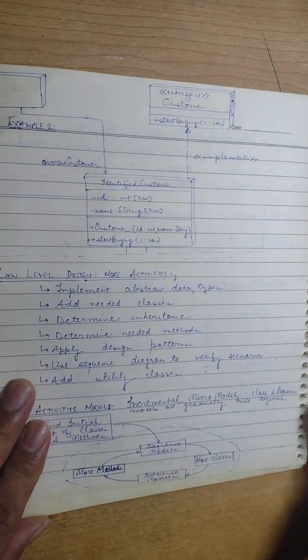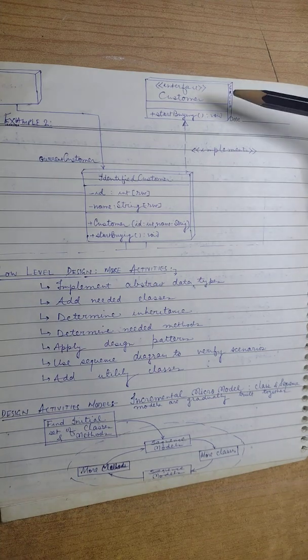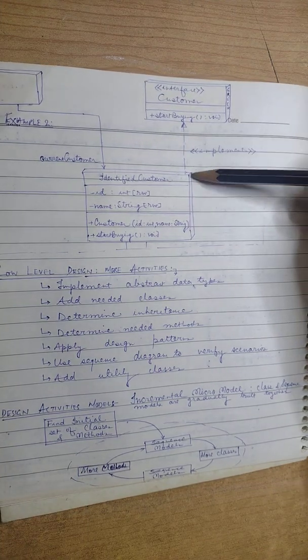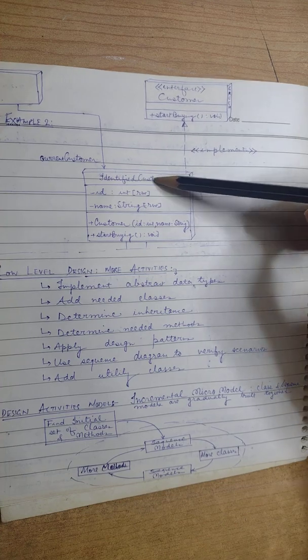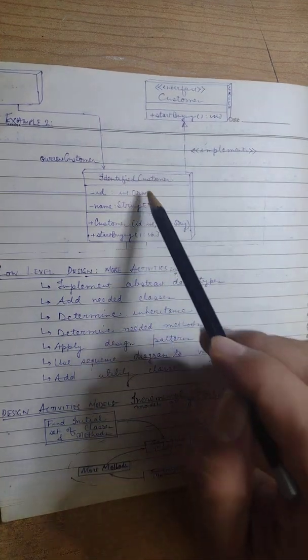Few more diagrams or examples are there where it shows how the customer class is connected or interfacing with the identified class and all this.